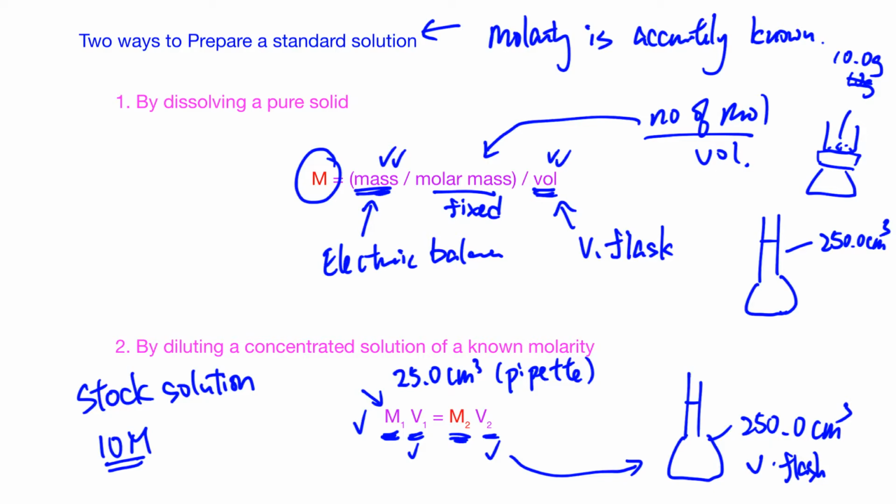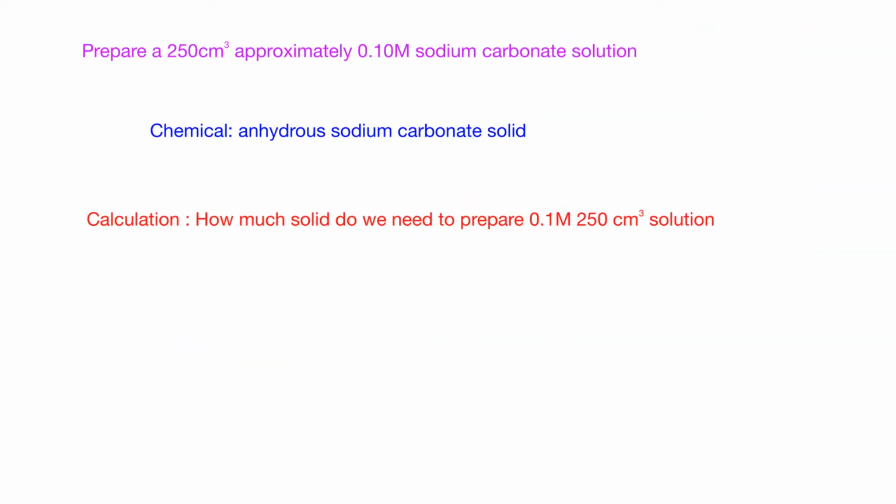In this video, first of all, we're going to talk about the first method, by dissolving a mass into a known volume of solution. Say for example, we want to prepare 250 cm cube of approximately 0.1 M sodium carbonate solution.